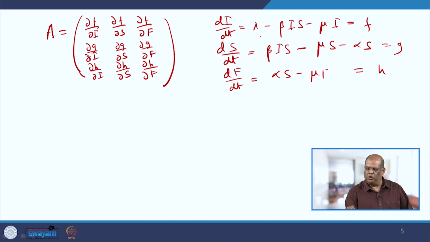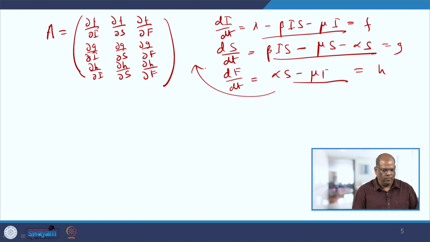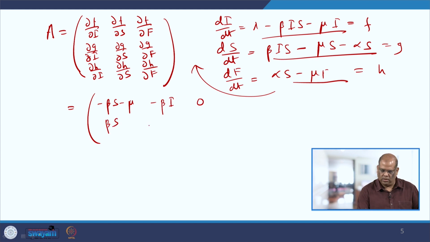We just partially differentiate these and substitute, and we will get minus beta S minus mu, minus beta I, 0; beta S, beta I minus alpha minus mu, 0; 0, alpha, minus mu.